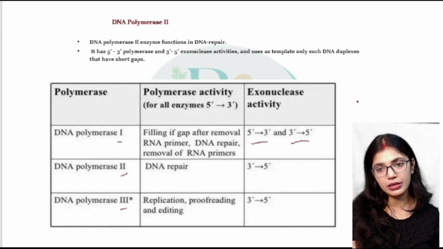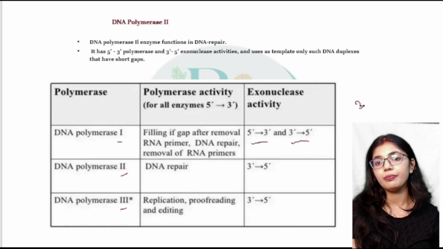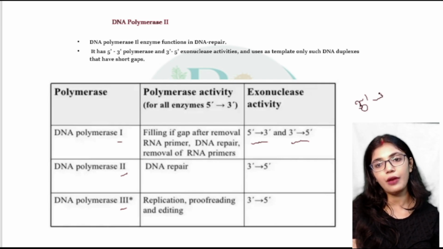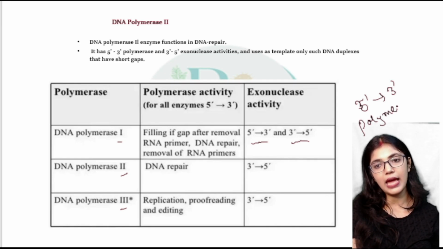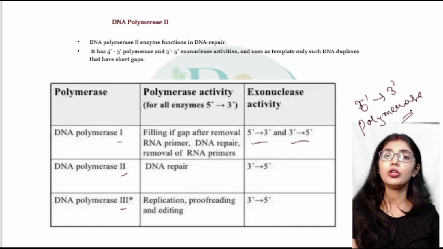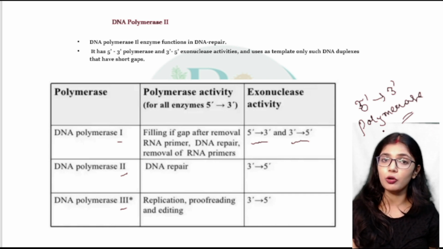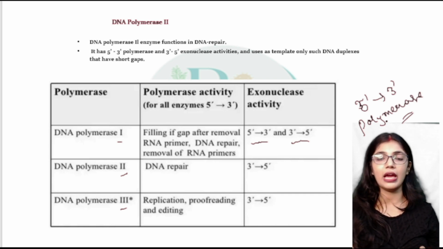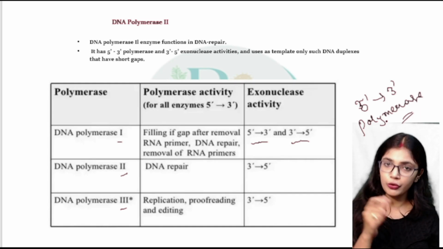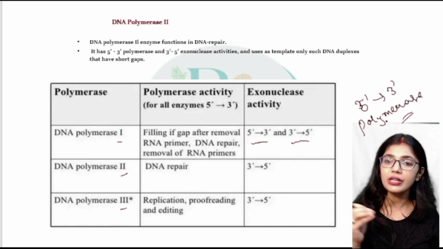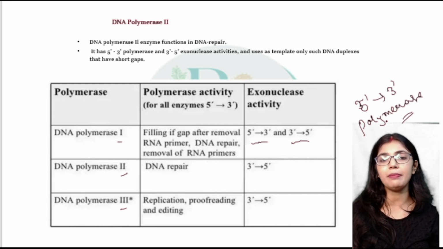A DNA polymerase will always have a 5' to 3' polymerase activity. What do we mean by polymerase activity? That means this DNA polymerase enzyme will add nucleotides to the daughter strand in the 5' to 3' direction.